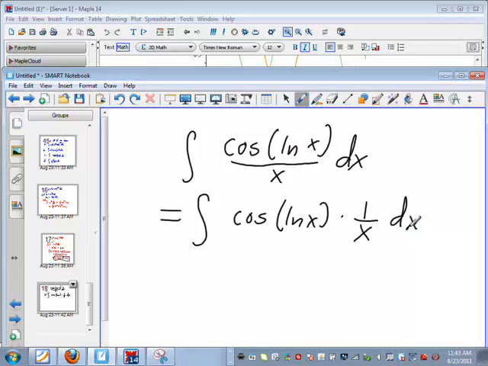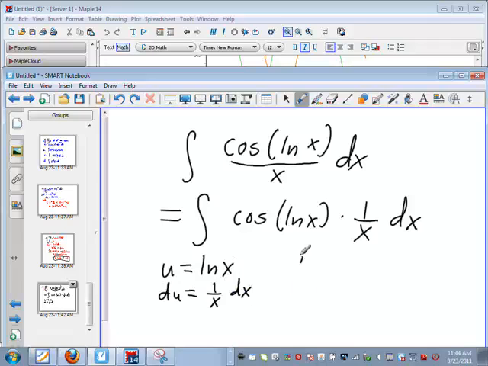U is the natural log of x. Du is 1 over x dx.